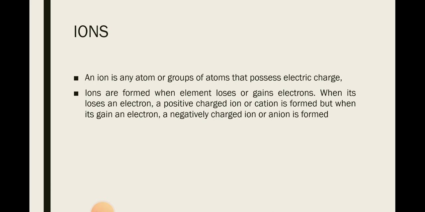But when it gains an electron, a negatively charged ion, or anion, is formed. So we have two types of ion: the cation and the anion. Don't forget, ions are formed when elements lose or gain electrons.